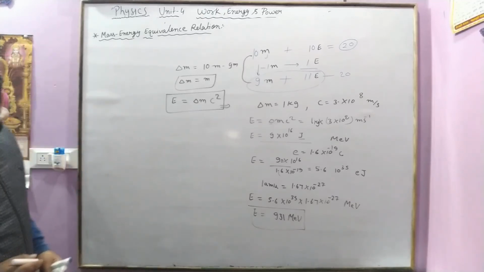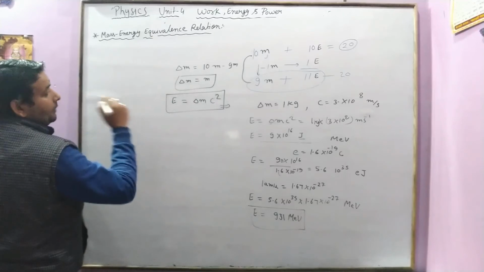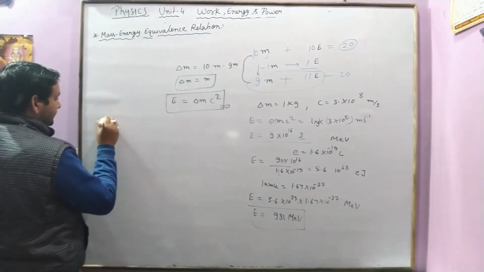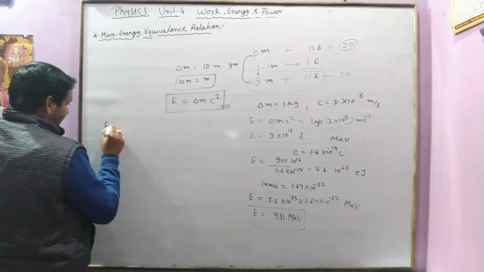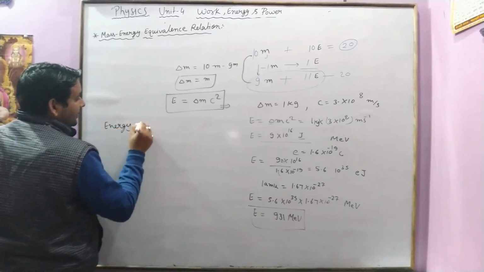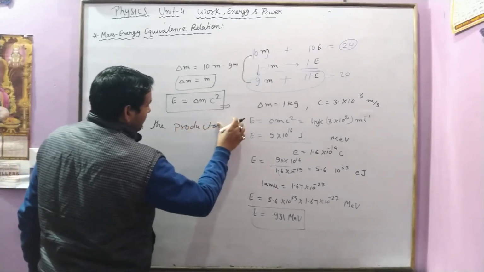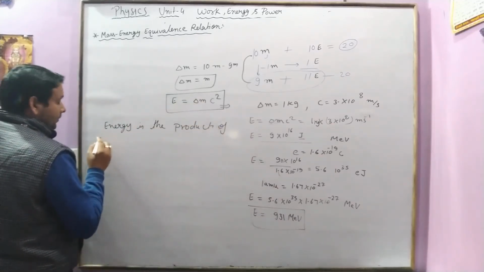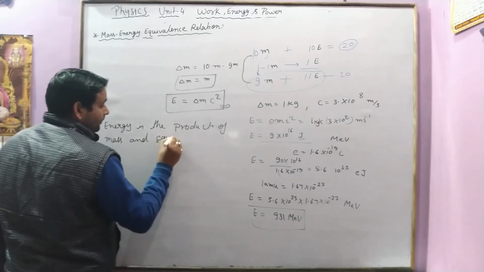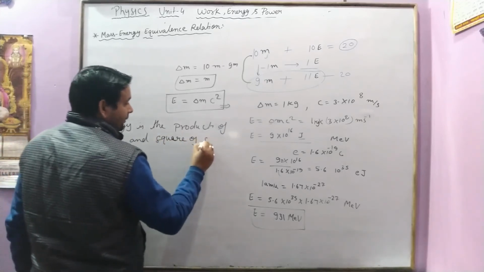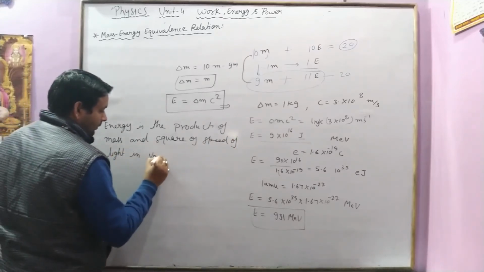Hence, according to this relation and the relativistic theory, energy is the product of mass and the square of the speed of light in vacuum.